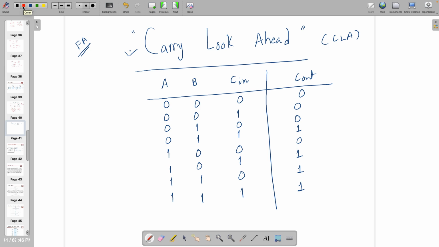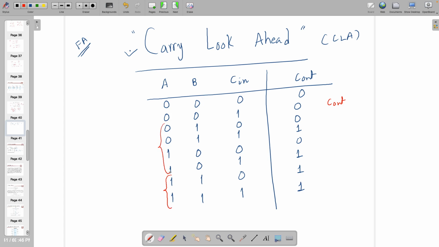Now let's not draw the K map every time. Without looking at the K map, let's look at how the input output relation will look. Just observe these two lines.